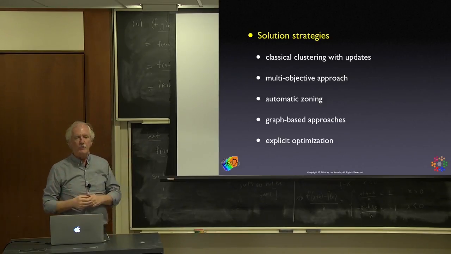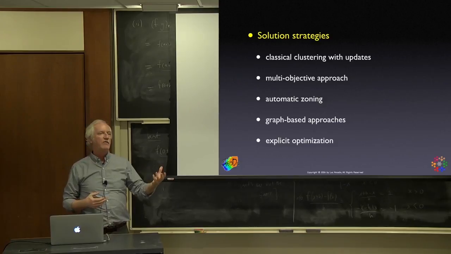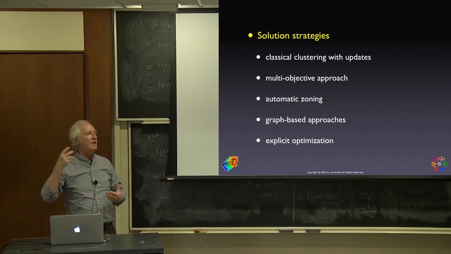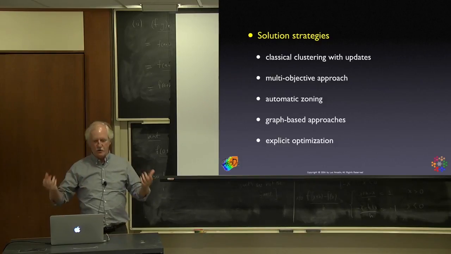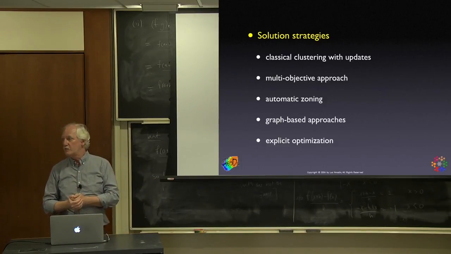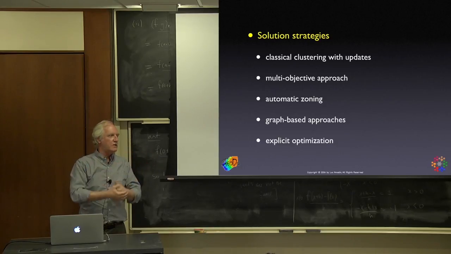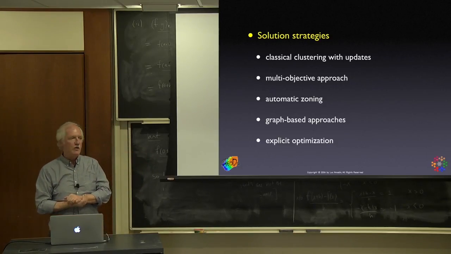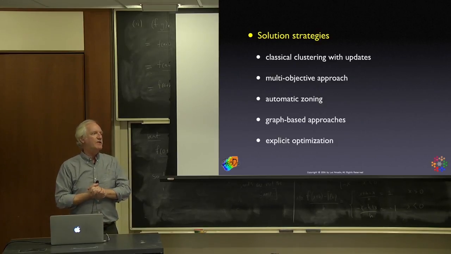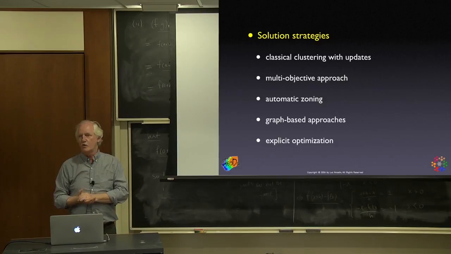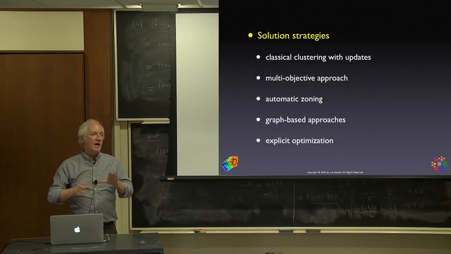Second one is a multi-objective approach where one objective has to do with attribute similarity, the other one has to do with locational similarity. Same old story. Automatic, a heuristic that just groups them and maximizes an objective function. Graphs represent a similarity, both in terms of attributes or in terms of space, by a graph structure.